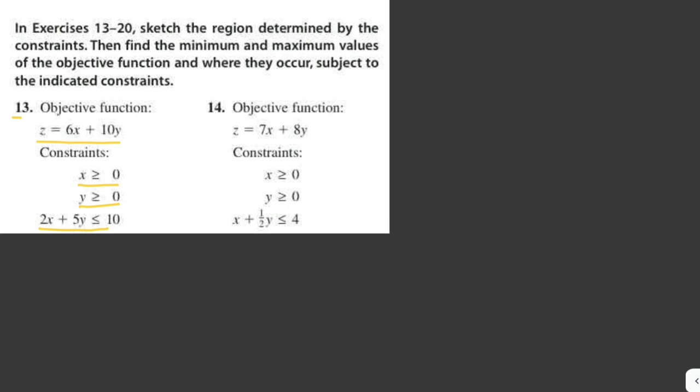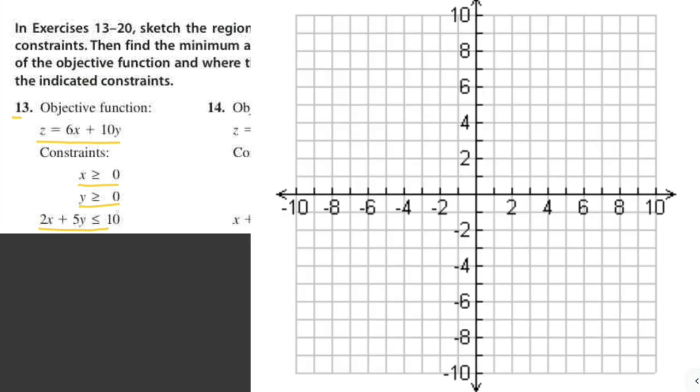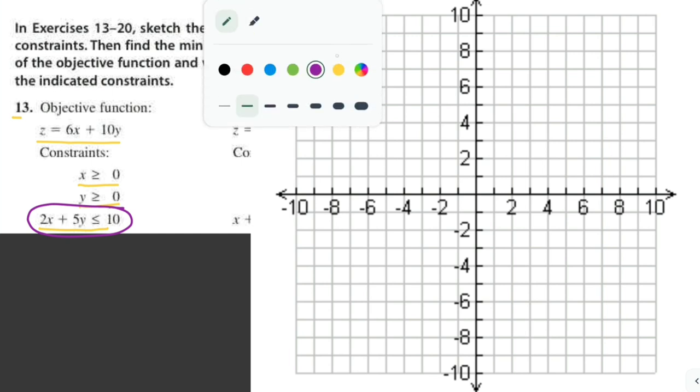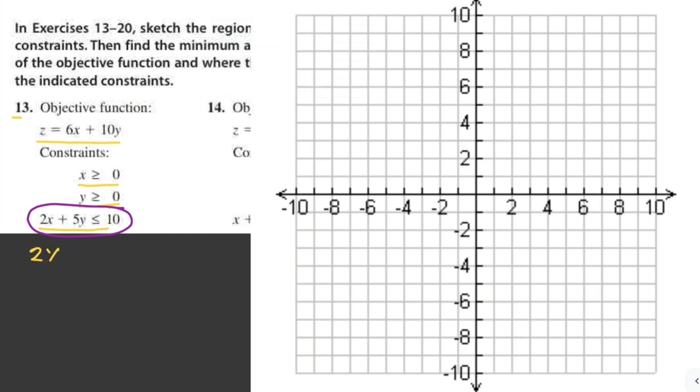So let's graph the constraints first. Now let's solve this linear inequality first, 2x plus 5y less than or equal to 10. Let's equate this to 10 first, and then we graph the linear equation.